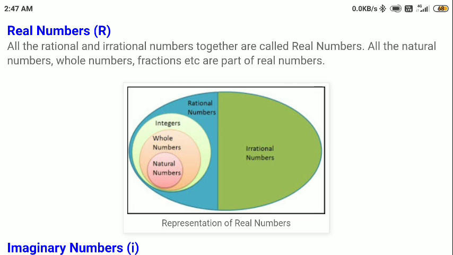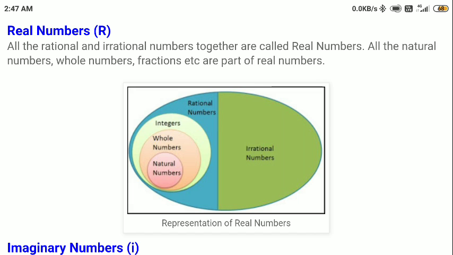Similarly, if we talk about integers, by taking 0 and the positive and negative of all the natural numbers, we get the integers. All the integers, whole numbers, and all the other places, this blue portion, represent the fractions. All those numbers combined are called rational numbers.